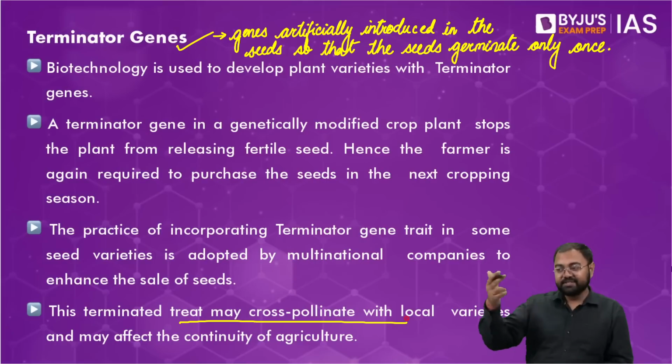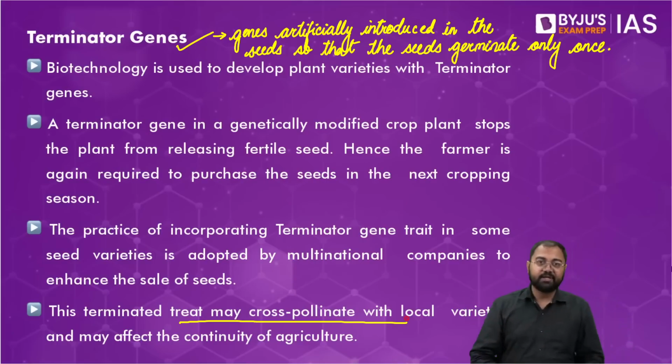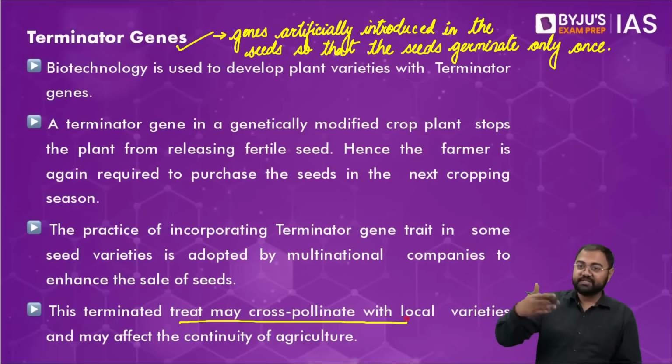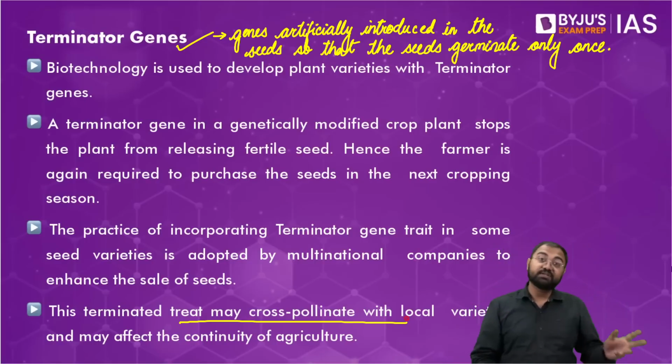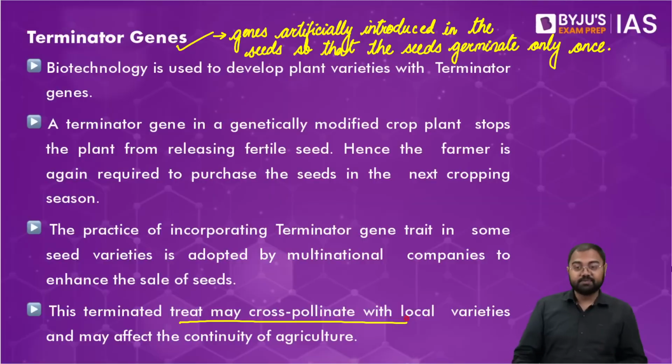So these terminator genes may also transfer to some of the other crops growing in this particular area. So that also increases the chances of the same terminator gene transferring to other crops, and those other crops also getting affected. So not only the crop which had the terminator gene gets affected, but even the others get affected. So that becomes a big challenge.